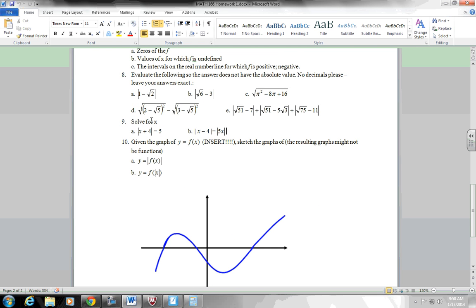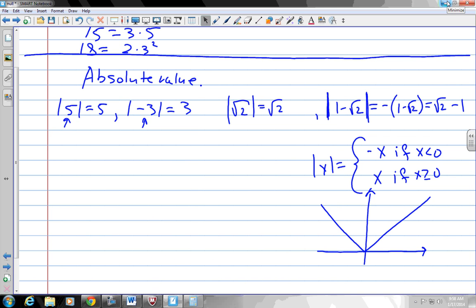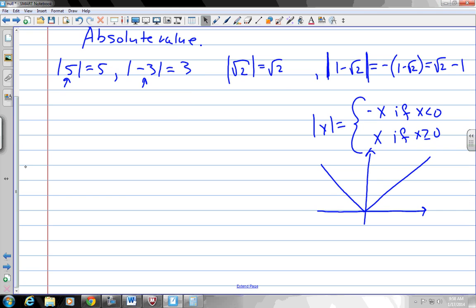Now, when you look at problems like question D or question C, let's try questions. I'll do question C for you. So this is from your homework.